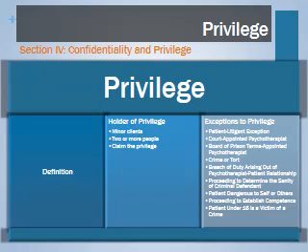Privilege does not apply, of course, when the client authorizes a release of information or when the psychologist is legally mandated, for example, abuse. Again, as well, if the client discloses a significant part of the information to a third party, it's no longer privileged information that the therapist can't discuss.